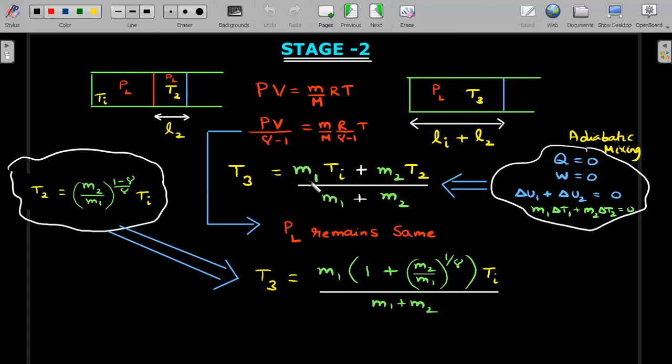Okay, now if you substitute the T3 back into this expression, and listen carefully, what is the kind of expression that you're going to get for the individual PV equal to nRT? If you write PV equal to nRT for this, and PV equal to nRT for this, and PV equal to nRT for this finally, you could clearly see that the number of moles or masses can be added.